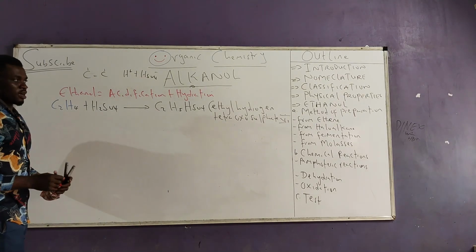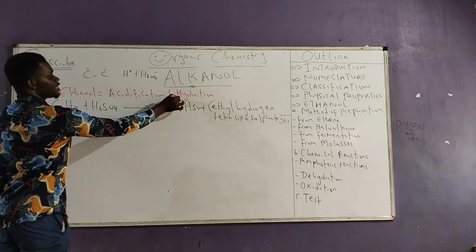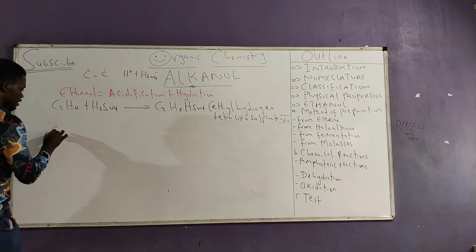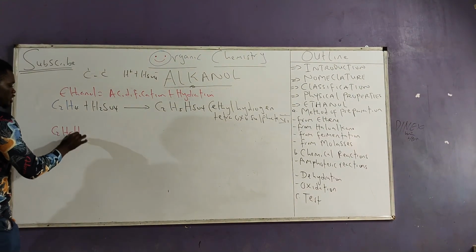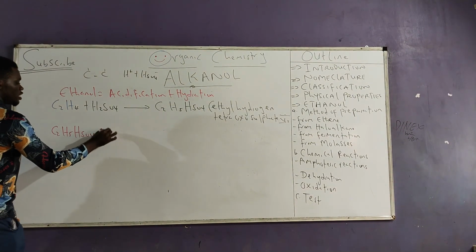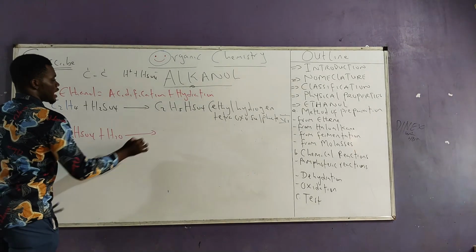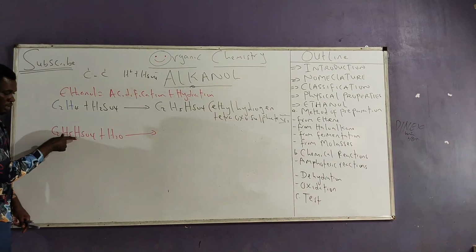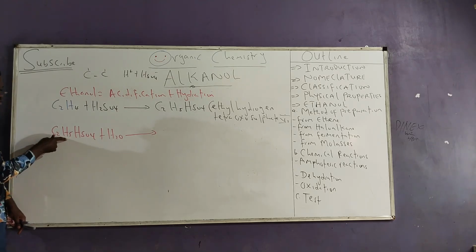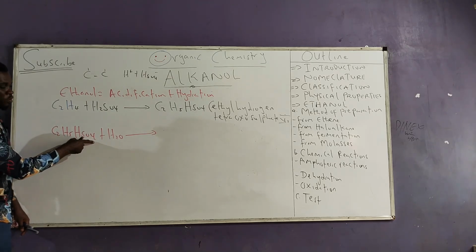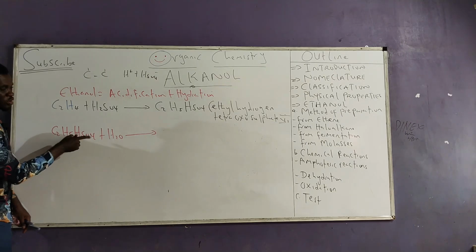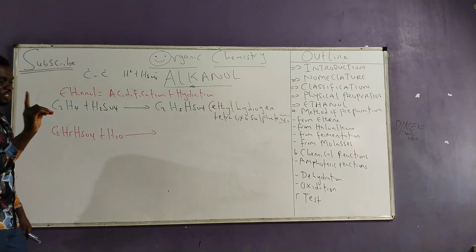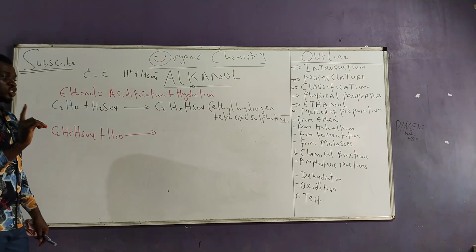Now I can react this compound with water, which brings us to the second process, hydration. Once I react C2H5HSO4 plus H2O, what do I have? Very simple. Look at this C2H5HSO4. This HSO4 just needs one hydrogen atom to form back H2SO4.